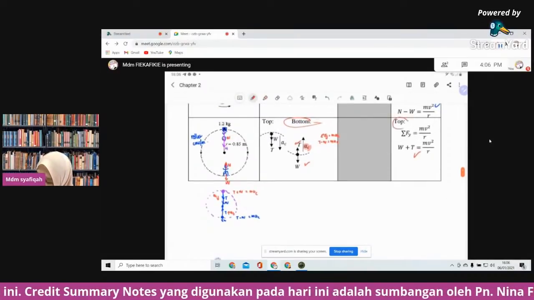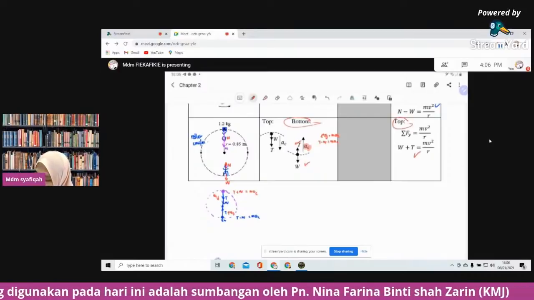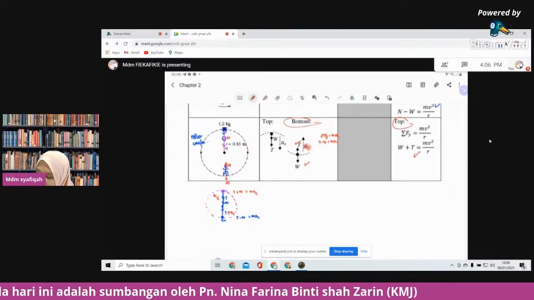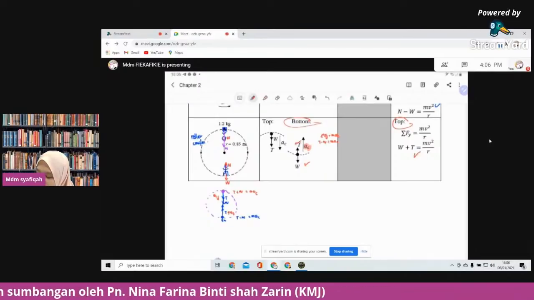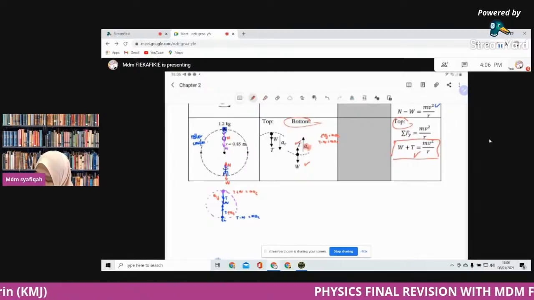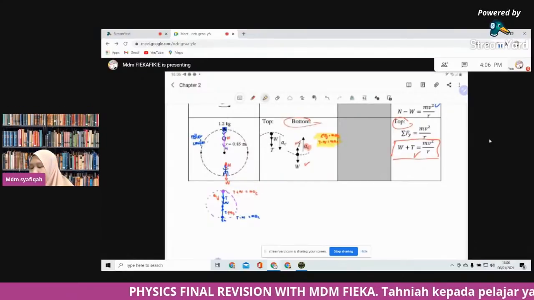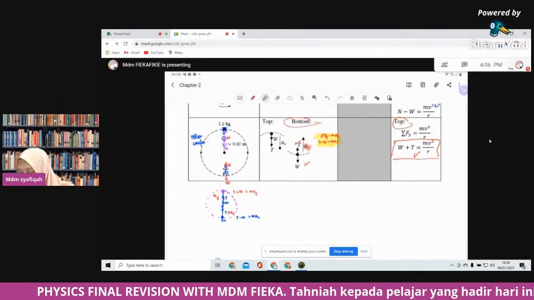Okay, this one is for the top. So for the bottom, this one lah saya dah tuliskan. Okay, so at the top, the equation of the object is W plus T equal to mv squared over R. Okay, at the bottom, ini dalam nota ni kehilangan pula. Okay, so T minus W equal to MAC.